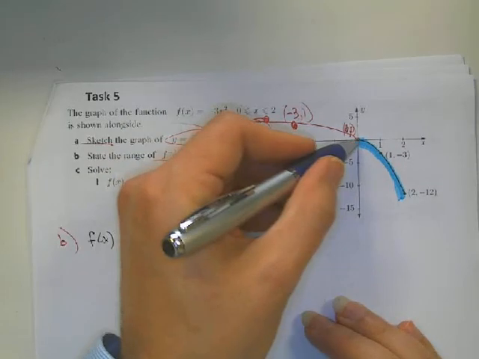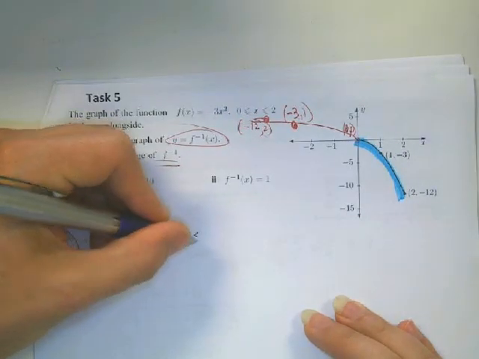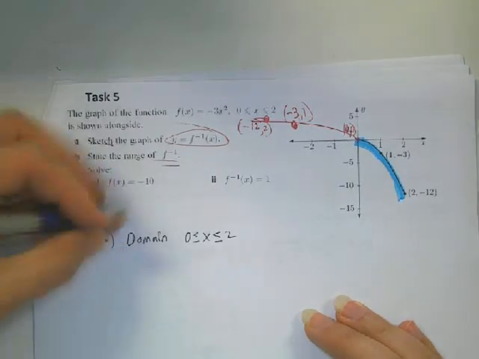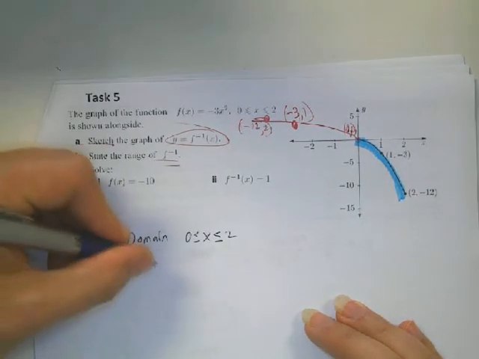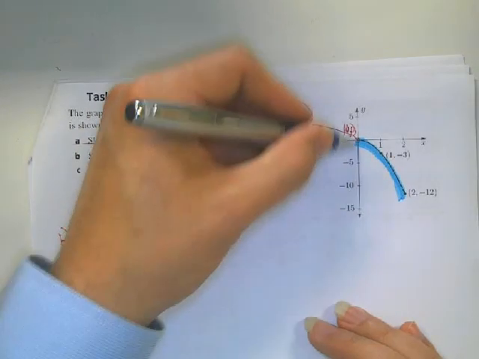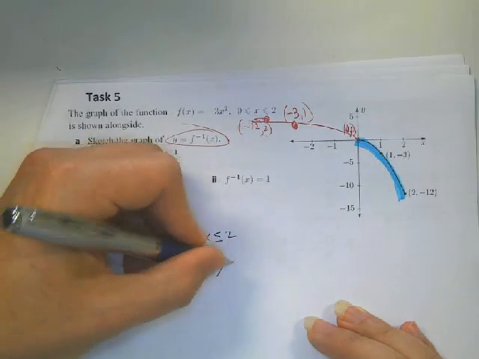It goes from 0 to 2. Okay, and the range of my original function is from negative 12 to 0.